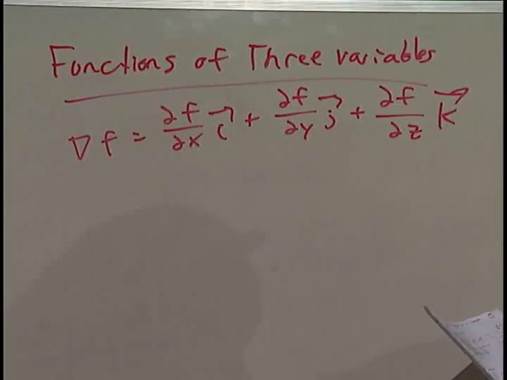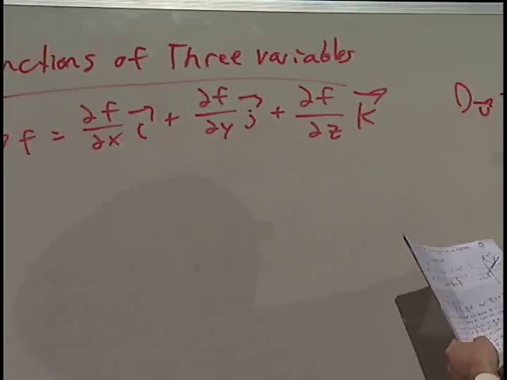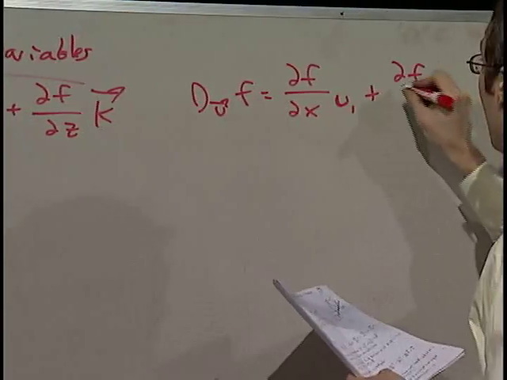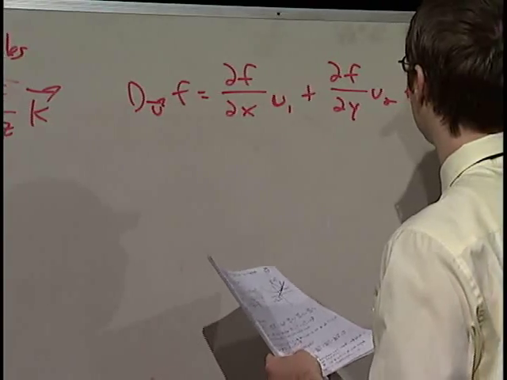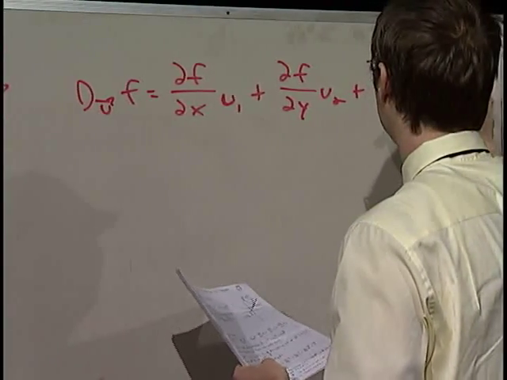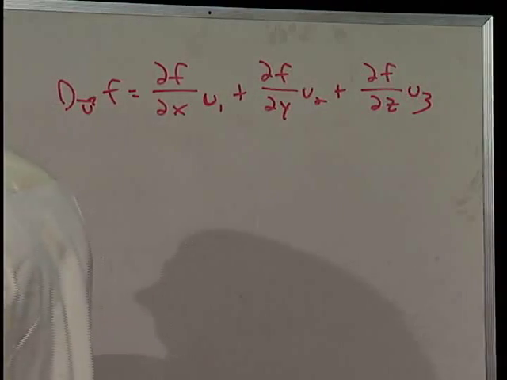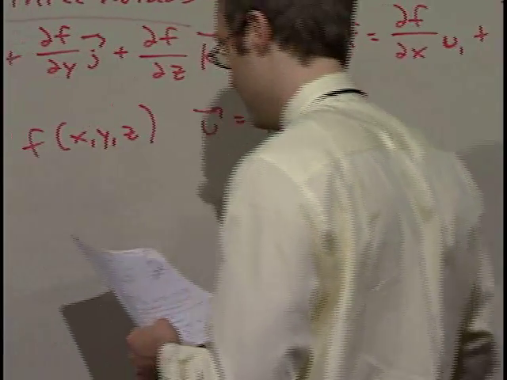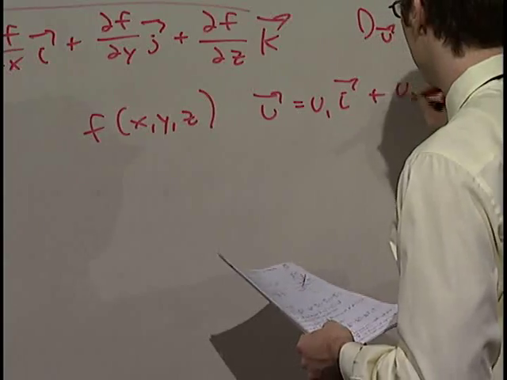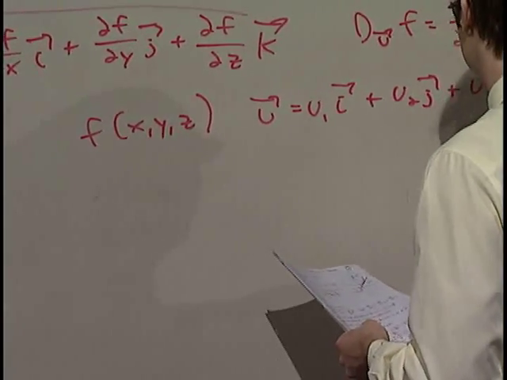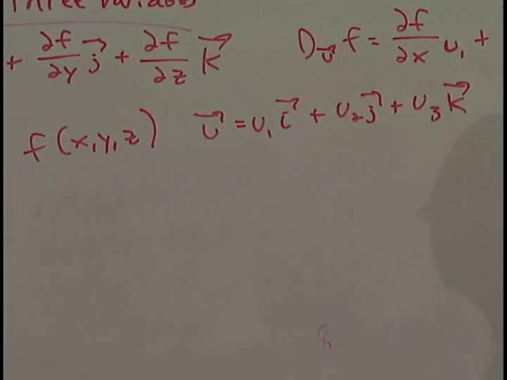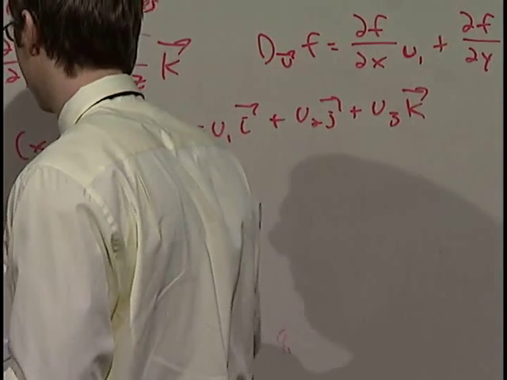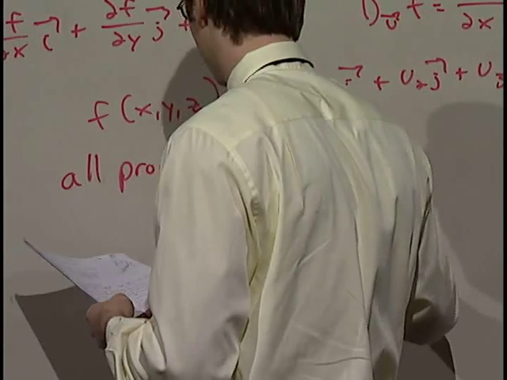And D_u f is just partial f partial x u1 plus partial f partial y u2 plus partial f partial z u3 for a function f of x, y, z and a unit vector u1 i plus u2 j plus u3 k. So notice here we're now working in a 3D surface and looking for a 4D function. Okay, and all properties are the same.